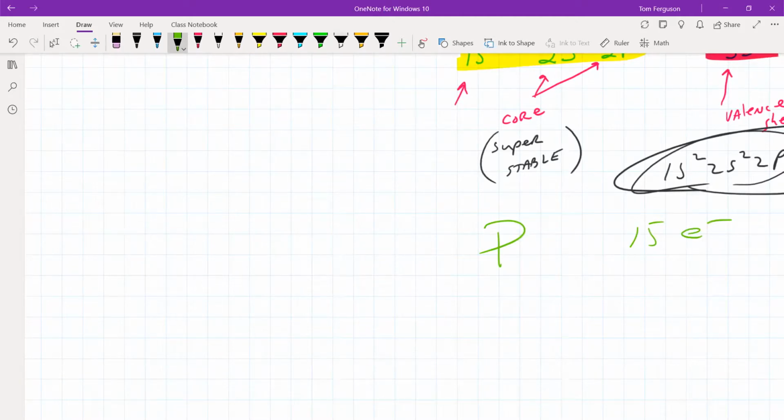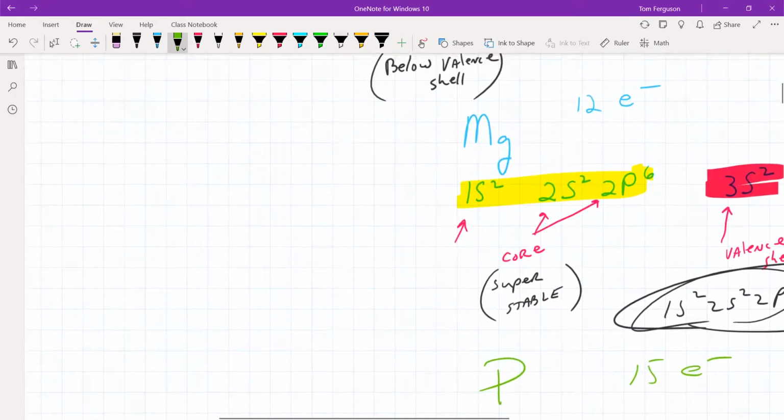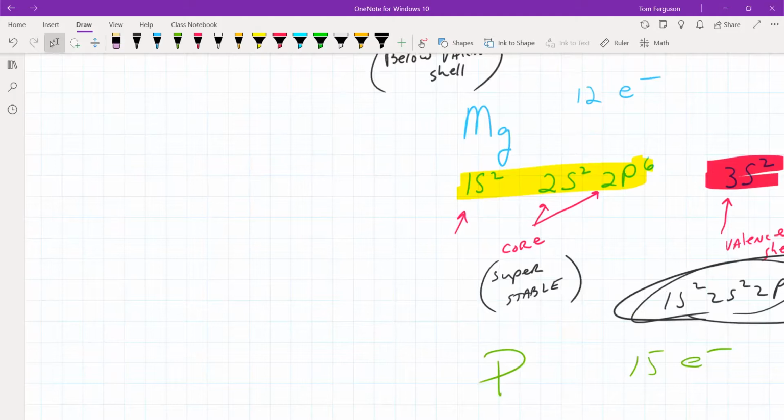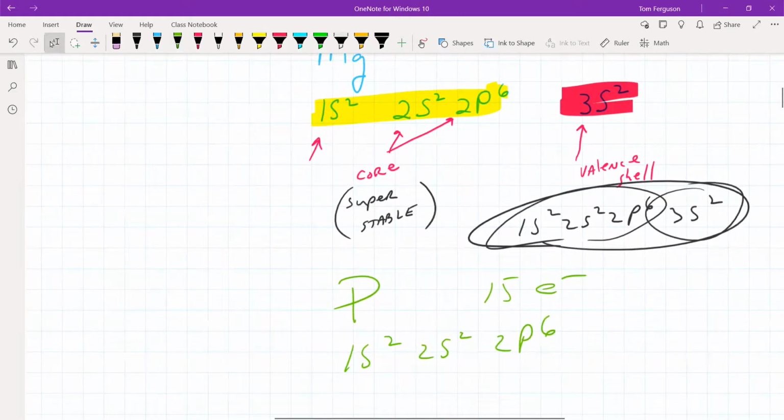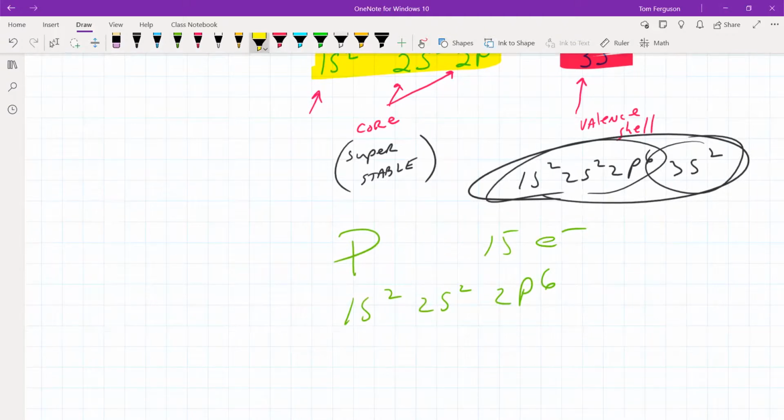Well, we already mentioned it's in shell 3. Magnesium was in shell 3. So it's going to have the same shell 1 and shell 2 electron configurations. So we can just write that out. 1s2, 2s2, 2p6. And now those are the core again. Let's do that in yellow.